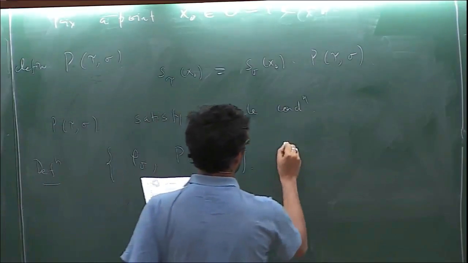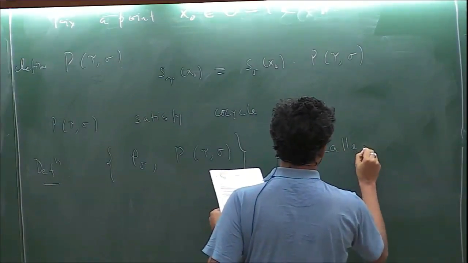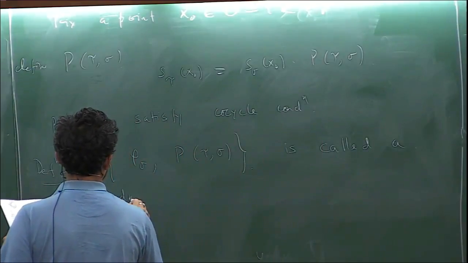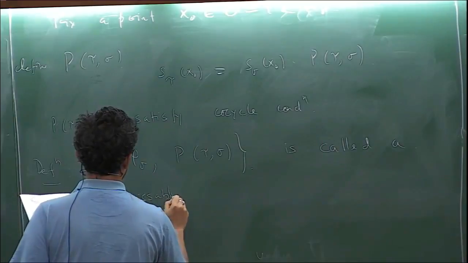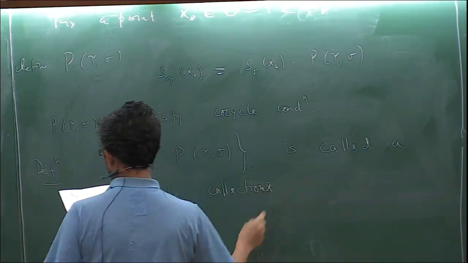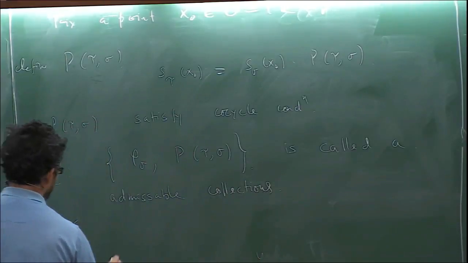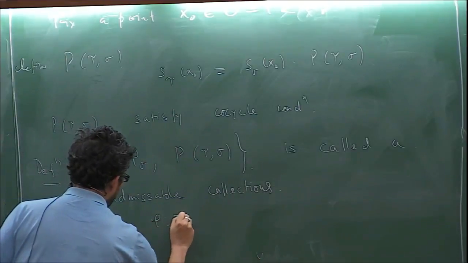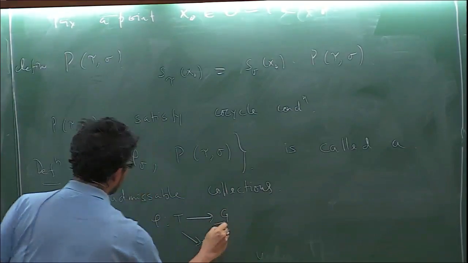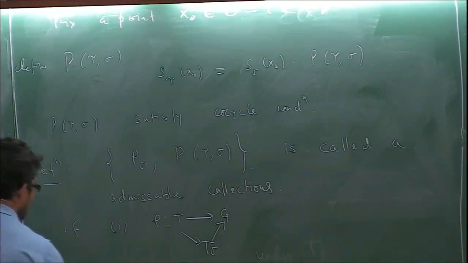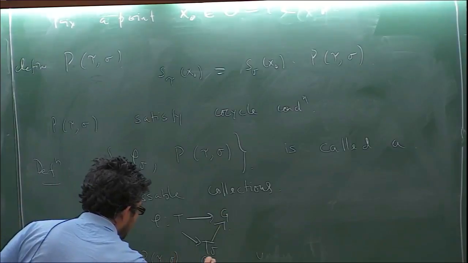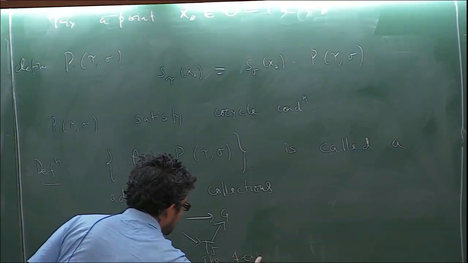It's called an admissible collection if, first, rho sigma factors through T sigma. Second, this P tau sigma are a one-cocycle of G-valued points.